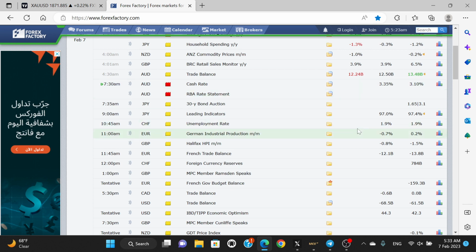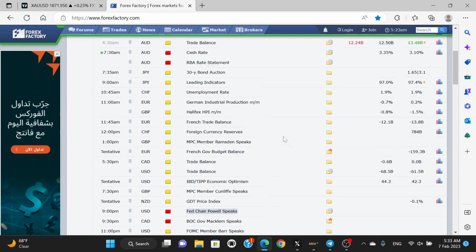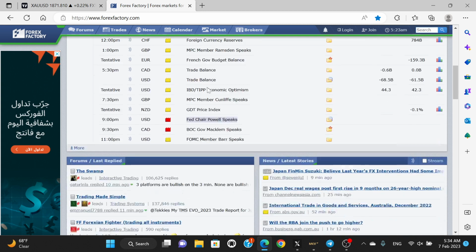If red numbers, the gold will go down. Simply because Australia is considered one of the biggest producers of gold. They take 40% of the gold production in the world. So their currency price is affecting the gold, because the more the currency goes up, the more gold will become expensive as well. So this is fundamentally related to Australia.